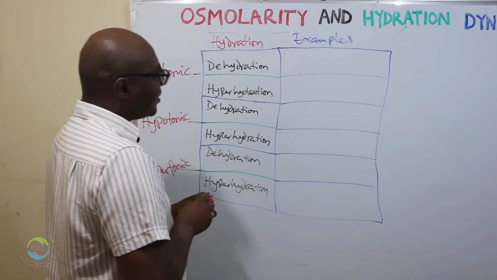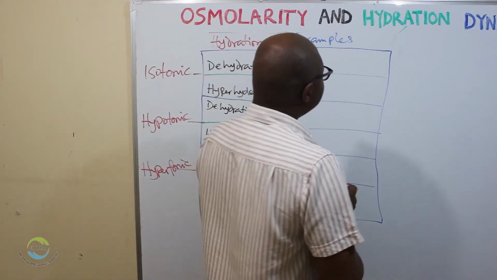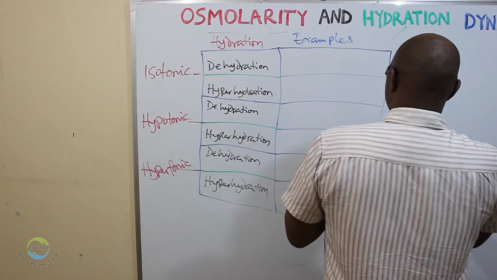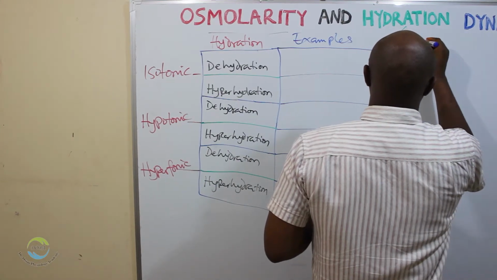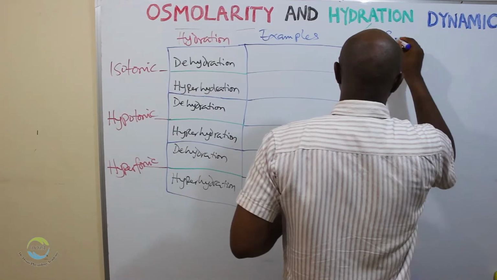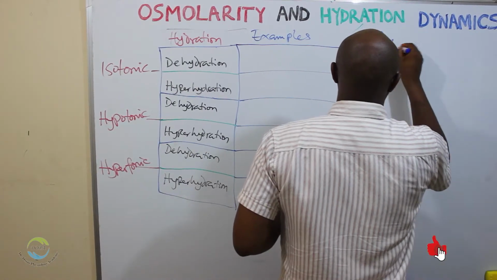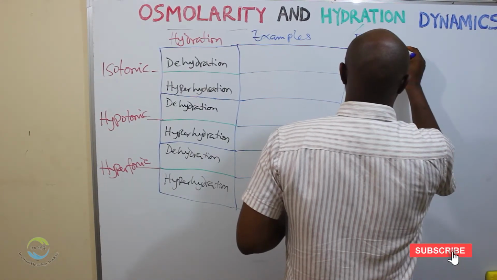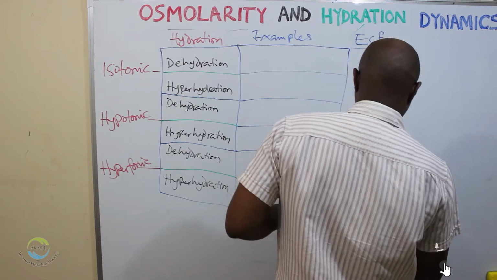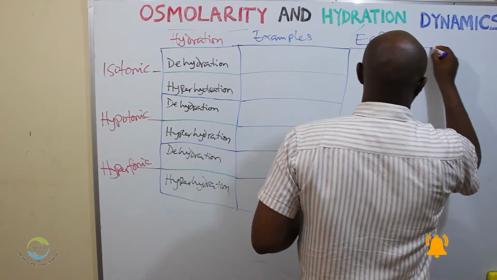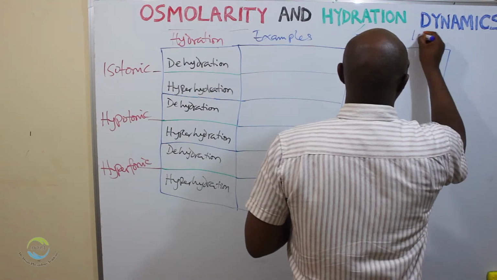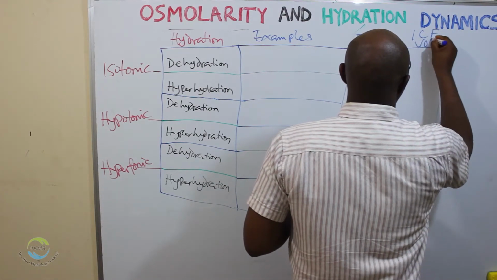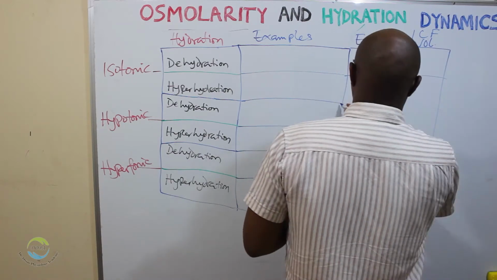Okay, then the next thing we'll look at is what is happening to the ECF volume. Then another one, ICF volume.